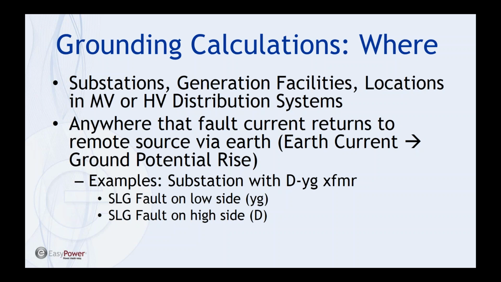What you end up with is fault current that flows into your local grid, and then it needs to get back to its source, which is somewhere outside of our yard, so it's going to leak out of our ground grid conductors to earth and then back through the earth to its source. It can take paths through the earth or on transmission shield wires or distribution neutrals, but generally a portion of it is going to leak out, and that portion that leaks out causes ground potential rise. And so that's what we're worried about. That's where we do the calculations.